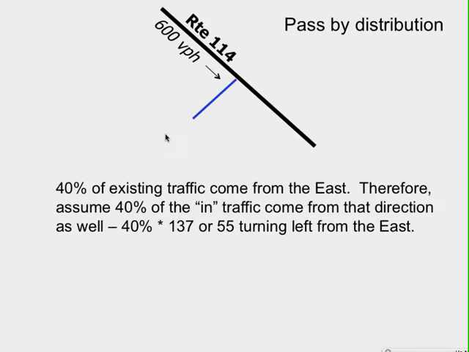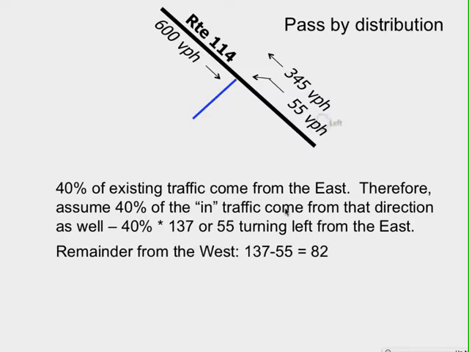But those are existing trips, so they don't add to the 400. They're part of the 400 we're passing by anyway, coming into the shopping center. Now there are 82 left over coming from the other direction. Again, those aren't new trips, they're already on the road. So 518 will go through and 82 will turn in. Those are the pass-bys.